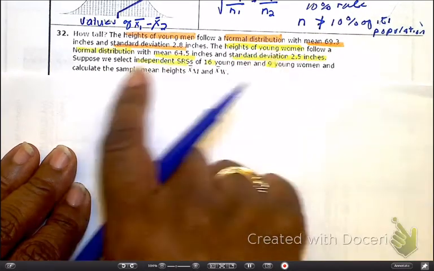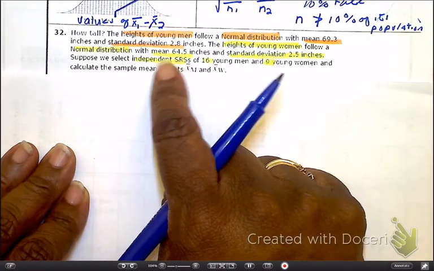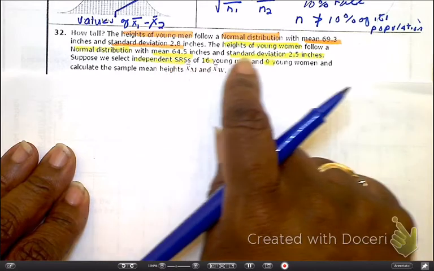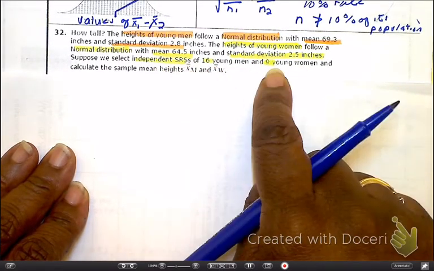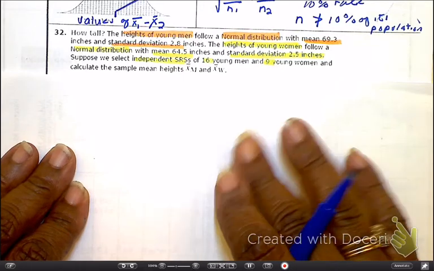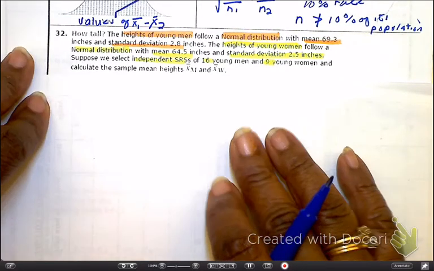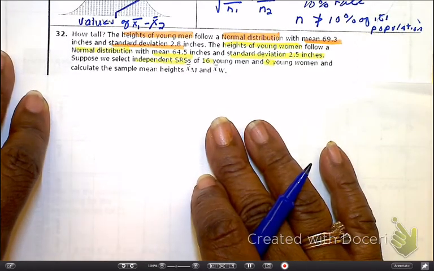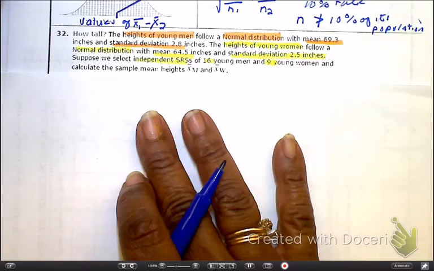The height of young women is normally distributed, again thank you, with a mean of 64.5 and standard deviation of 2.5. They tell us we have an SRS of 16 and 9, which is really small. No one cares because they told us it was normal, and no one cares that the sample sizes are unequal, so don't worry about that.